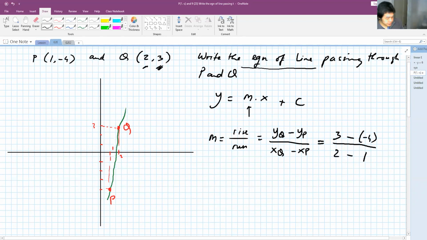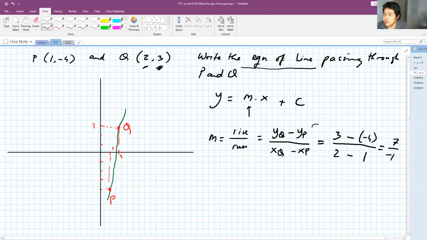As long as you put these numbers in correctly, you'll be fine. All right. Now what we will get is that the value of the slope here is equal to 7 divided by -1.